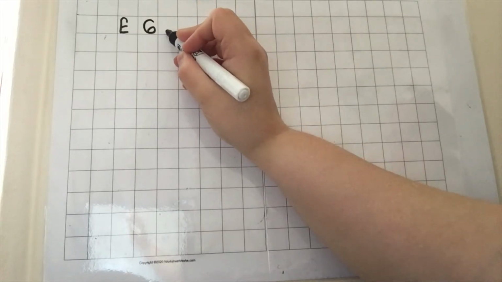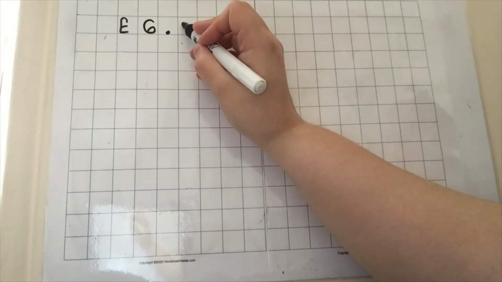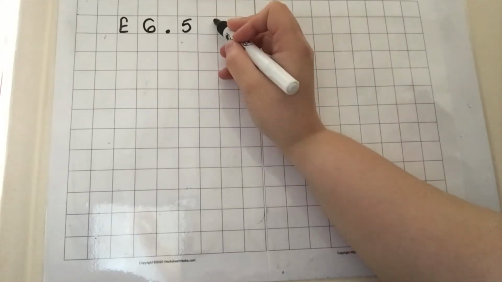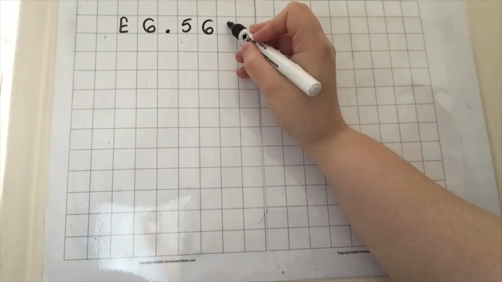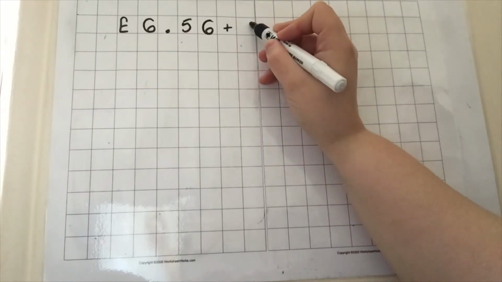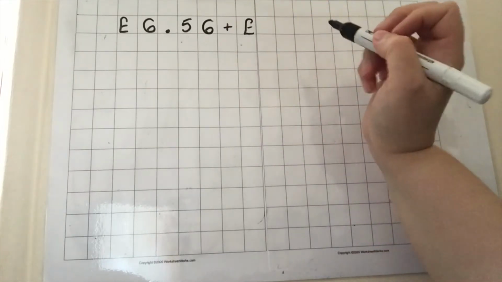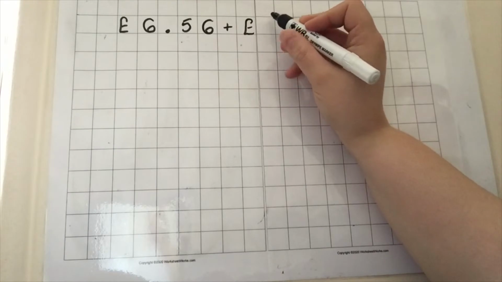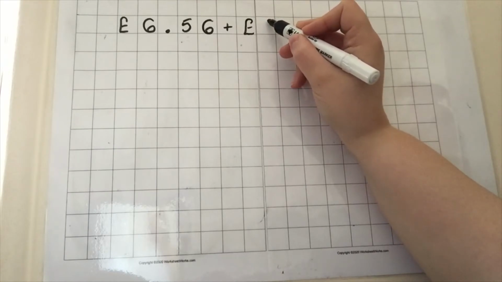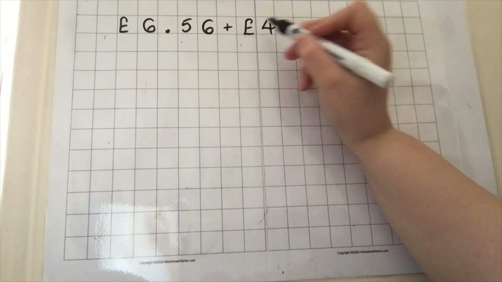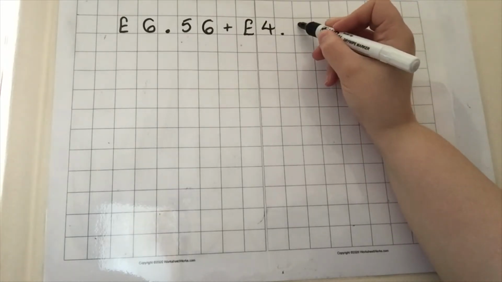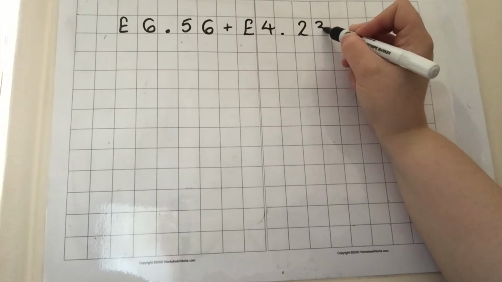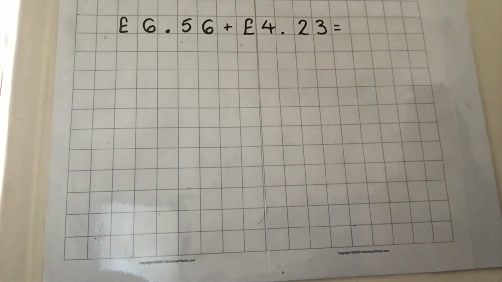I've got £6.56 and Miss Duncan has got £4.23. We need to work out how much we've got altogether.